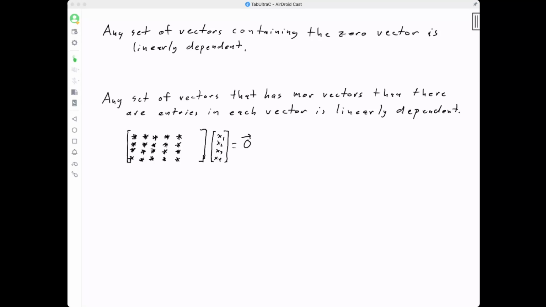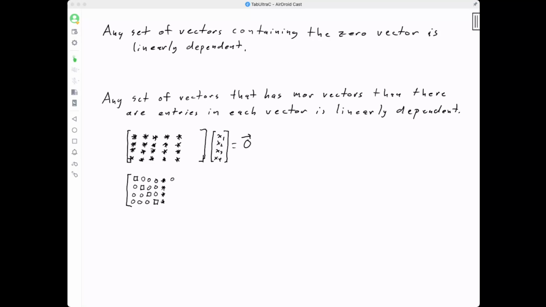then when I find the reduced row echelon form of my augmented matrix, it at best is going to have a pivot, a pivot, a pivot, a pivot, and then more columns that don't have a pivot.